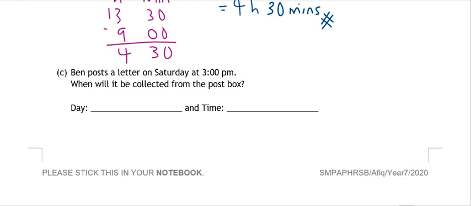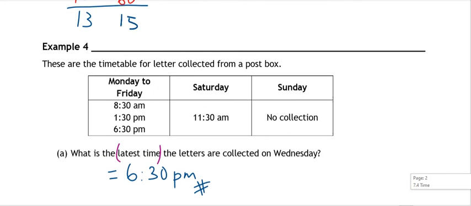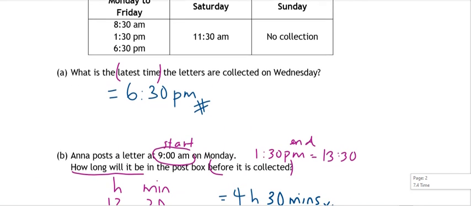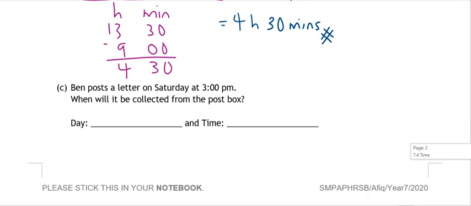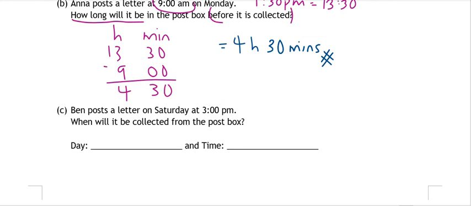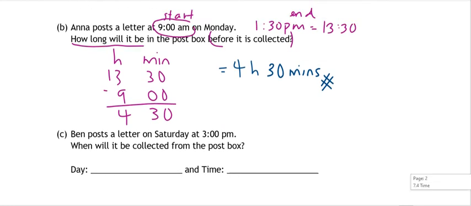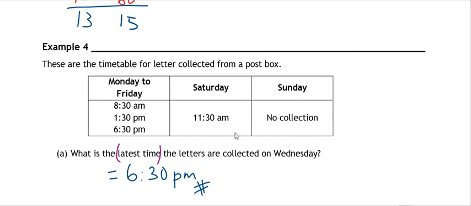Last but not least, part C. Ben posts a letter on Saturday at 3 p.m. When will it be collected from the post box? On Saturday they only collect letters at 11:30, but since Ben posts the letter at 3, there will be no collection. After 11:30 on Saturday there is no collection, and Sunday also no collection. But on Monday there is a collection.